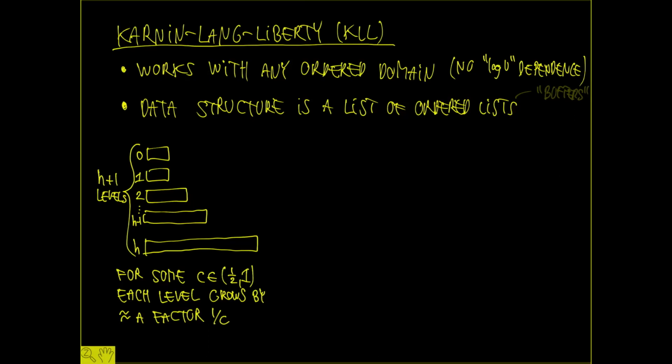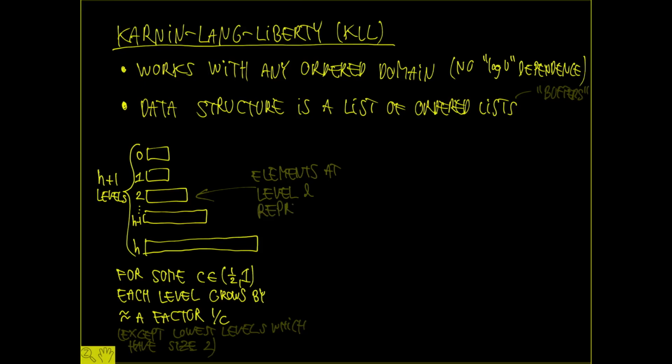This is of course approximate because the actual sizes are integers, but we'll assume that they grow by a factor exactly 1 over c, except the lowest levels. So we might go down to size 2, and we won't go any further down. The intuition is that elements at level L are going to represent 2 to the L elements in the input.